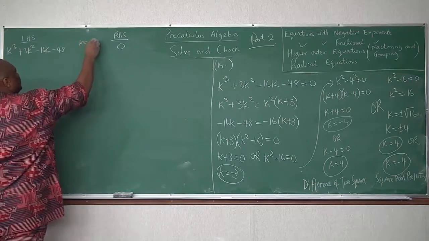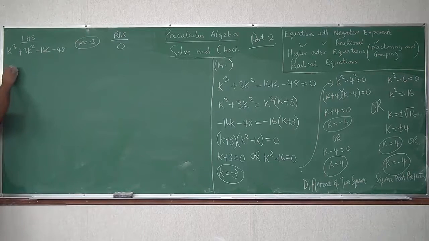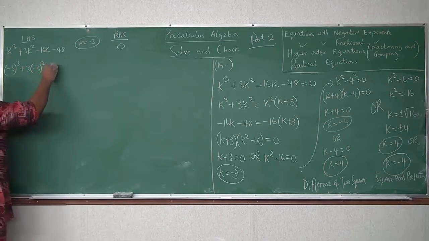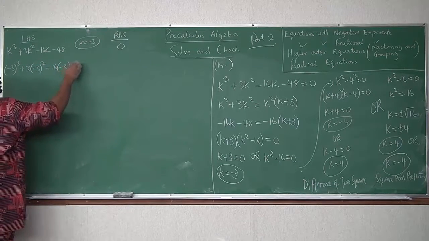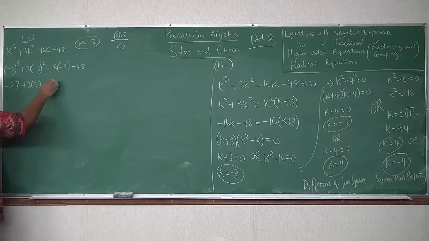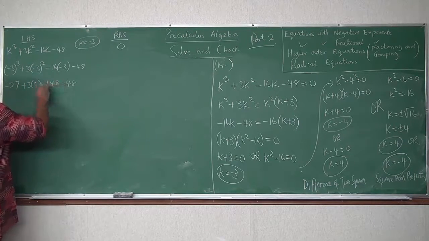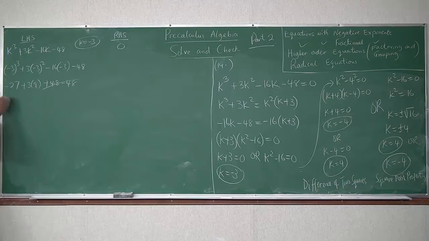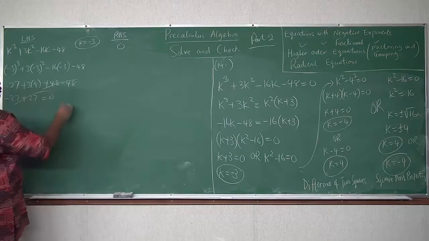So this means negative 3 all cubed plus 3 times negative 3 all squared minus 16 times negative 3 minus 48. So this will be negative 27 plus 3 times 9 plus 48 minus 48. This is gone already. And this is negative 27 plus 27, 0. That's gone, right?